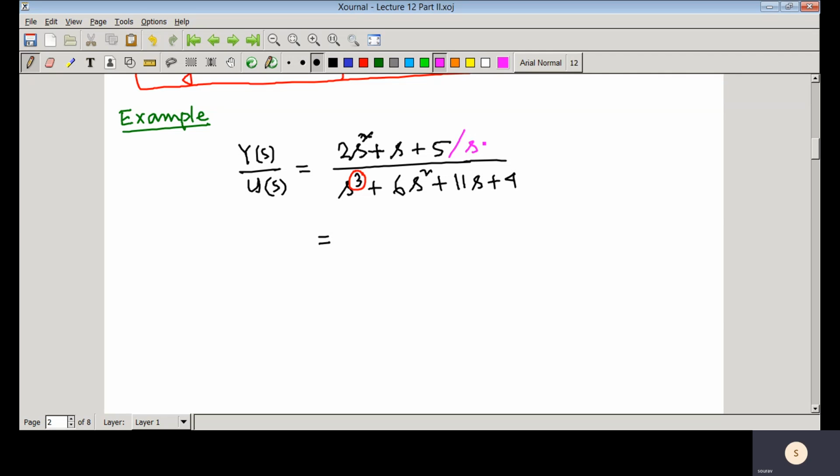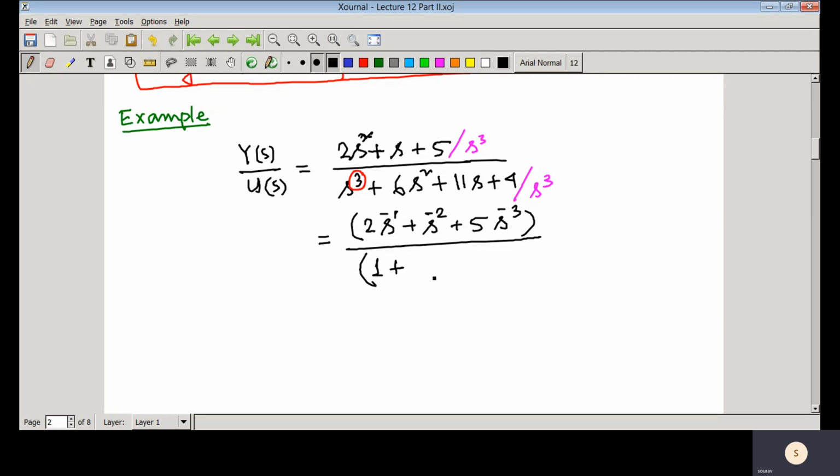You will get 2s to the power minus 1, plus s to the power minus 2, plus 5s to the power minus 3, and in the denominator 1 plus 6s to the power minus 1 plus 11s to the power minus 2 plus 4s to the power minus 3.